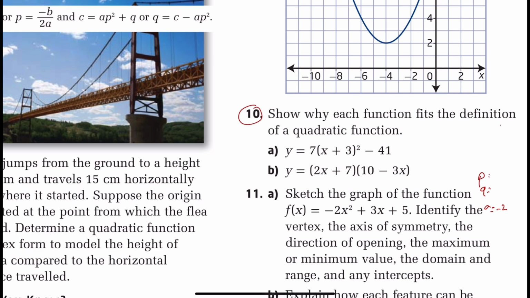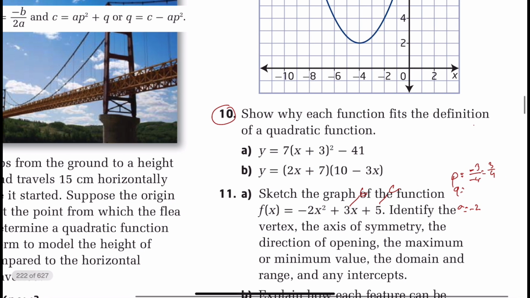So minus B, which is my B. This is my B. Okay, this is my C. So my P is equal to minus B, which is -3, over 2A, which is -2 times 2, which is -4. So my P is 3 over 4, which is, I think, 0.75.